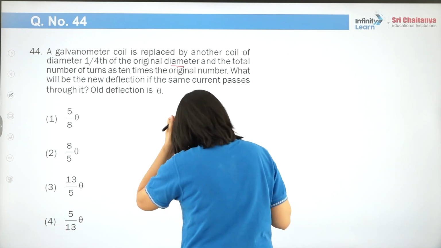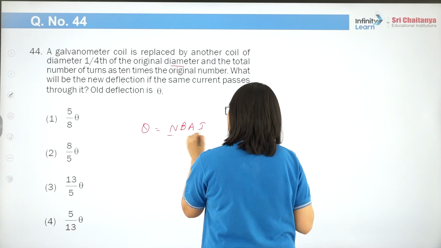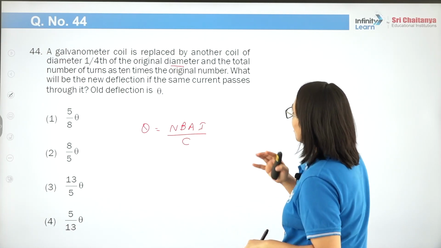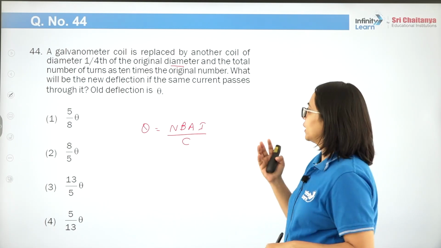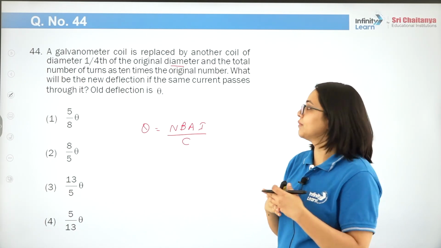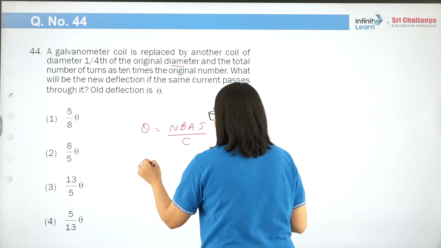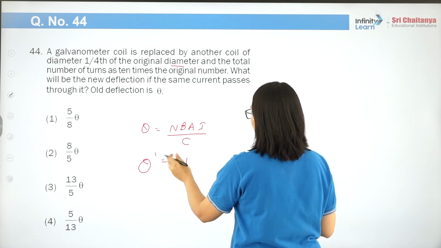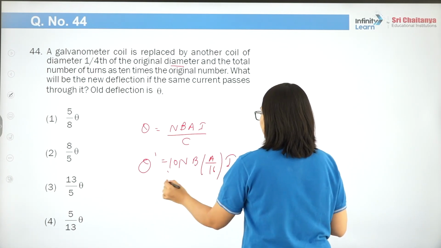So here, deflection is N B A I upon C. If you are changing the diameter to 1/4 times the original, the area of cross section will become 1/16 times, because the radius will become 1/4 times and area is pi r square. So theta dash will be, with number of turns 10n, 10n into B into A by 16 into I divided by C.